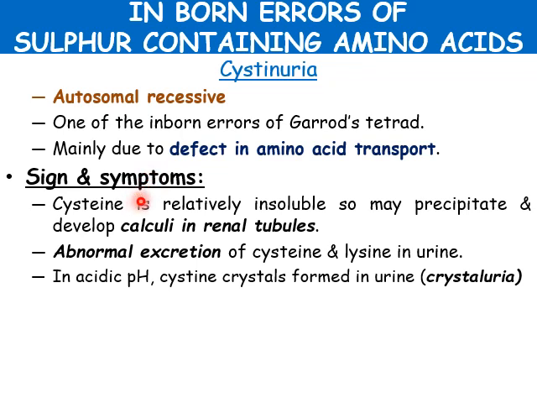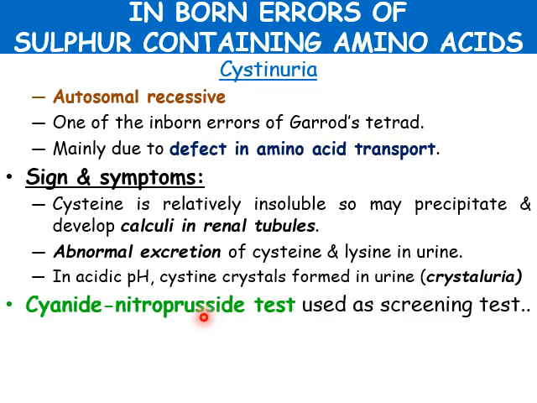Signs and symptoms include precipitation of renal cysteine as calculi in the renal tubules, abnormal excretion of cysteine and lysine in the urine, and in acidic pH, cysteine crystals form in the urine that is excreted.